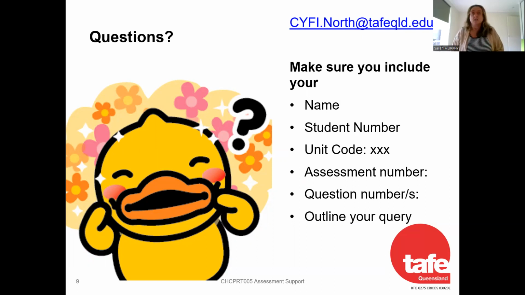Nothing too vague. So if it's assessment 2 support, then write that. Because if we see that, then we can prioritize these emails and get back to you with the support that you need as soon as possible. So ensure the subject line reflects the content of the email.